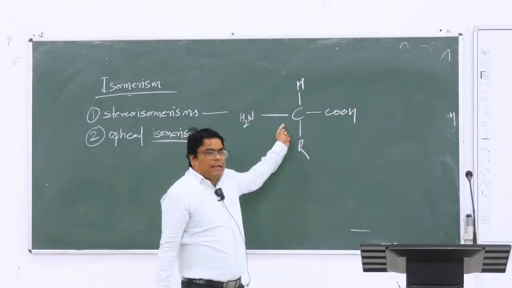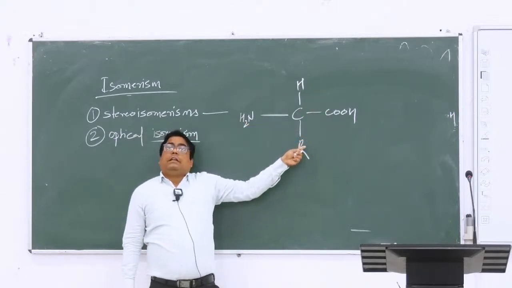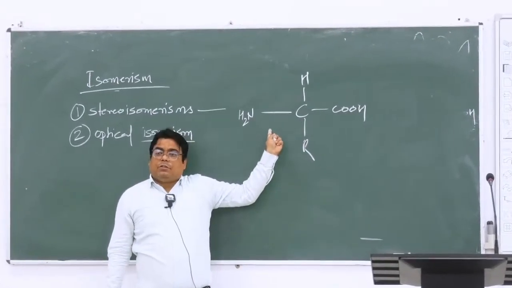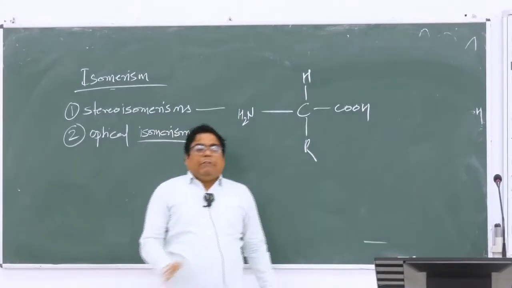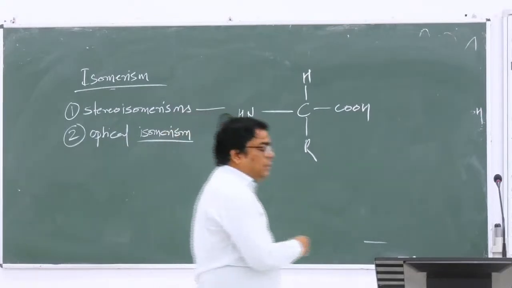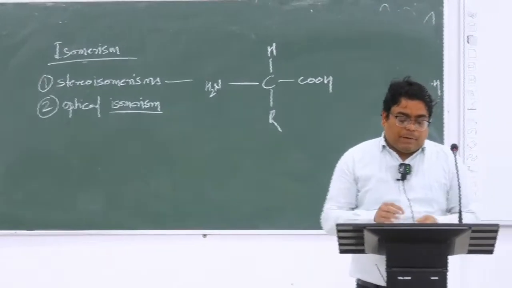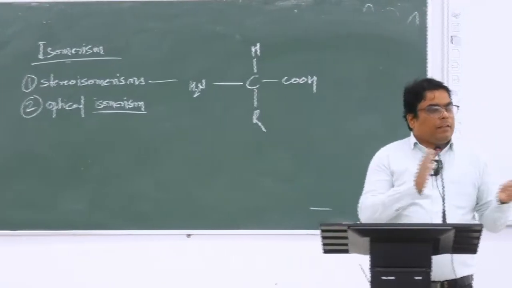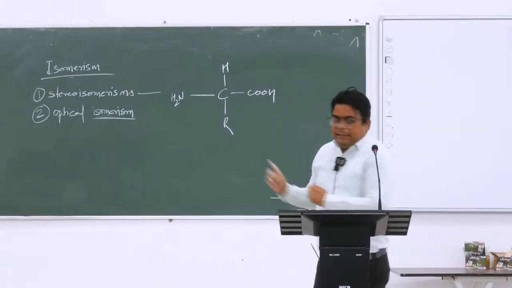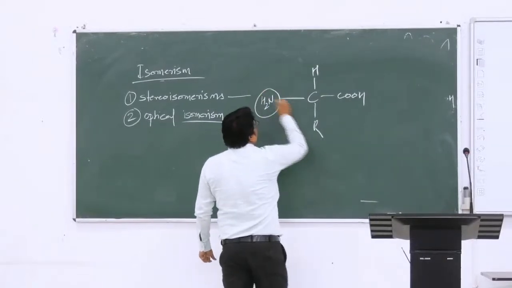That is a chiral carbon atom, which has different groups covalently attached to it. When we compare enantiomers, they are non-superimposable mirror images. We take the enantiomers, and the position of the groups is different.